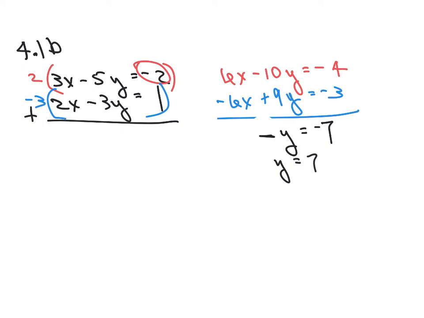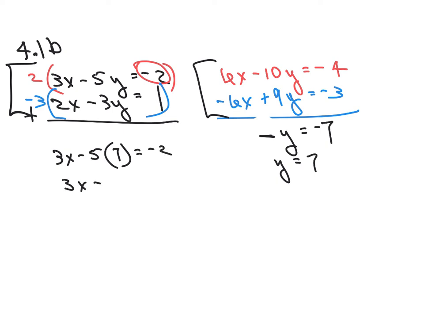Now to find our x value, we take either one of these equations or either one of these, stick the y in, and see what our x is. I prefer to take one of the original equations simply because it deals with smaller numbers than when you multiplied by 2 or negative 3 and makes bigger numbers. So I'm going to take 3x minus 5, and we found out that y is 7, so we're going to put a 7 there, equals negative 2.